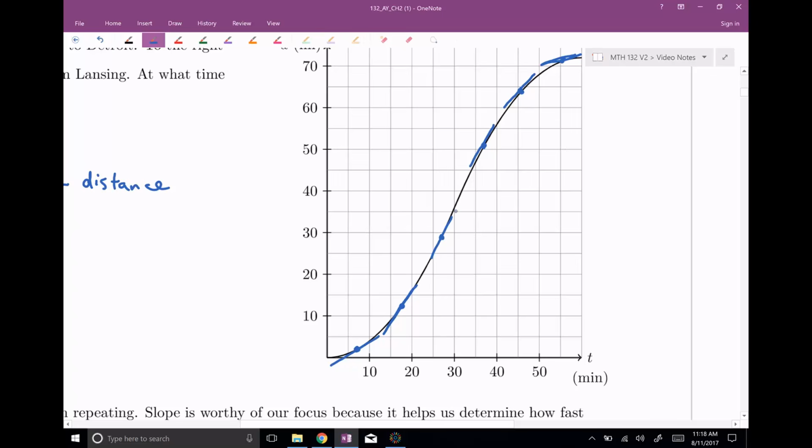So I claim that maybe our greatest slope, and therefore our greatest speed, is somewhere around 30 minutes in. At time 30, I'm thinking that the slope around this point is the greatest. Again, this is an estimate because we don't have an equation, so there's not really any more math we can do, any algebra or anything like this. It's just staring at this graph and trying to approximate where the slope is the greatest.